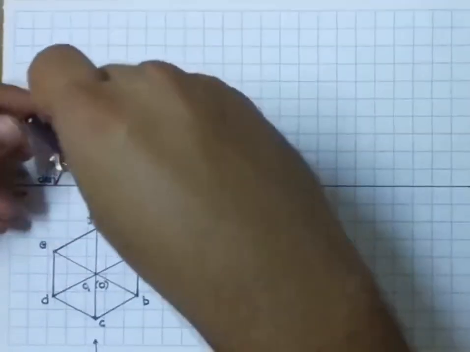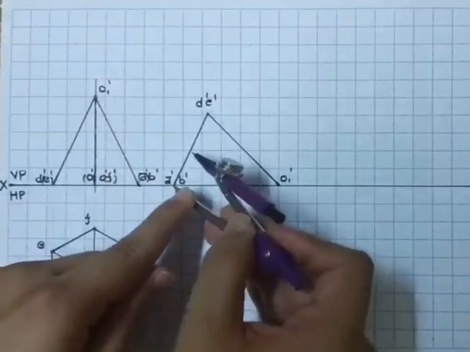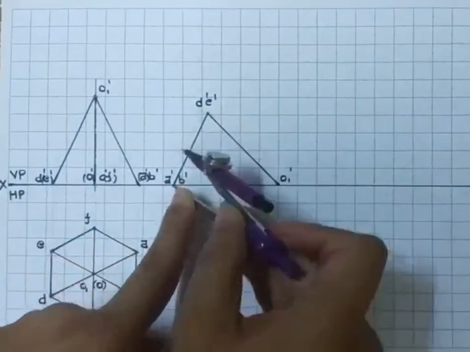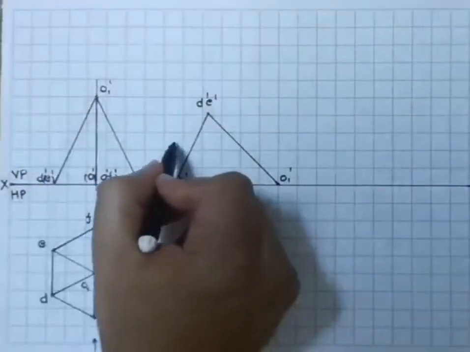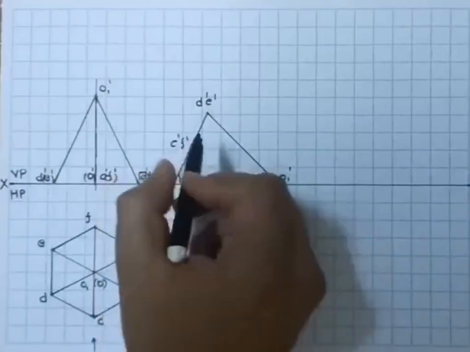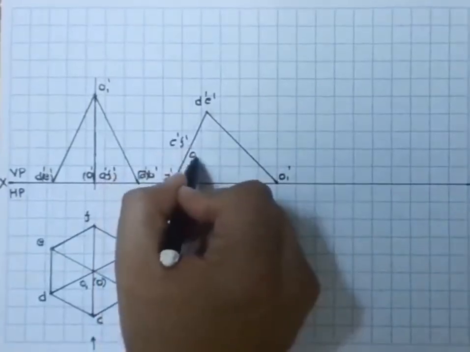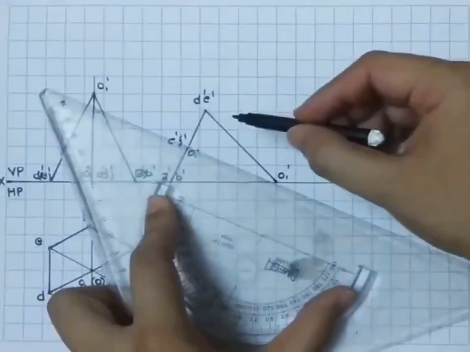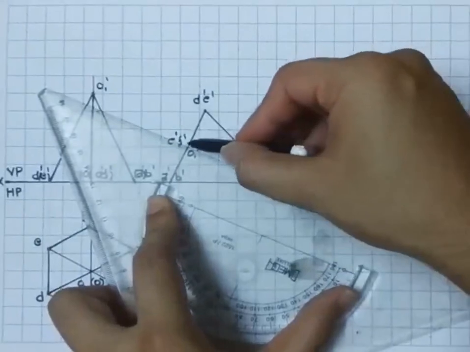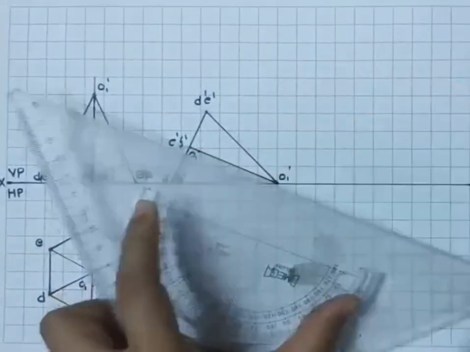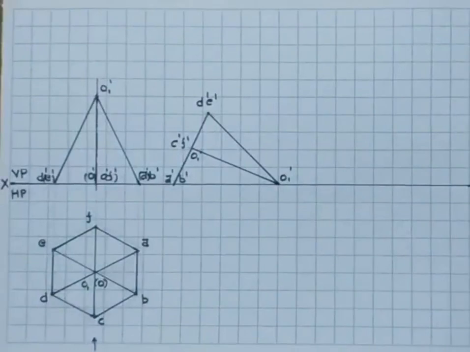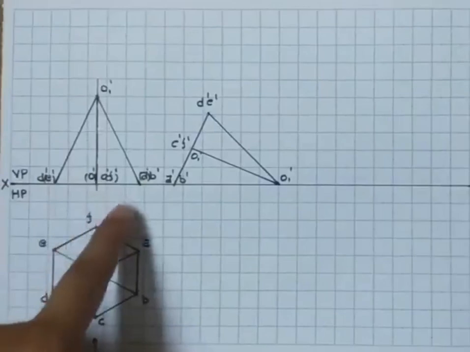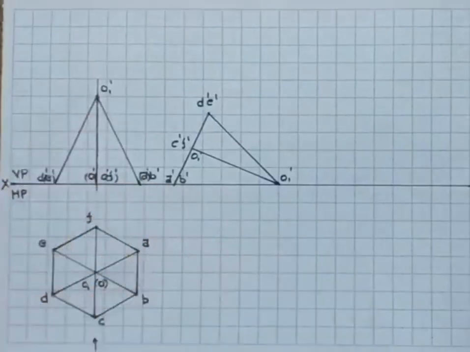This point gives us C dash and F dash, and it is also showing O1 dash. So connect O to C and F. Now we have redrawn the front view in such a way that it is resting on one of its triangular faces on HP.